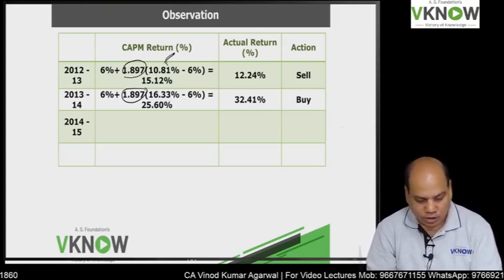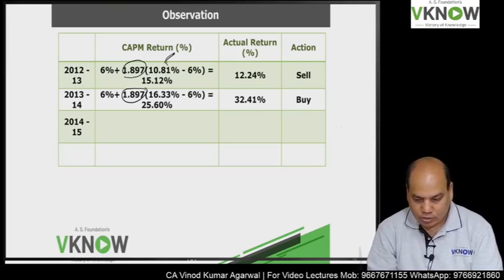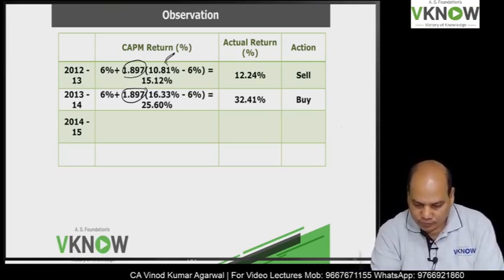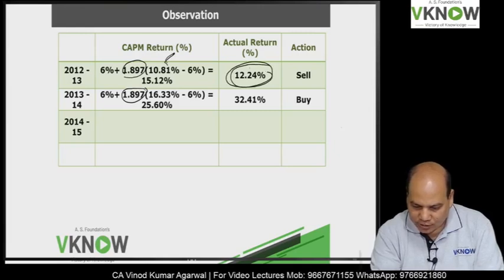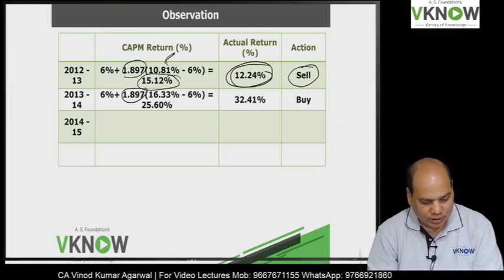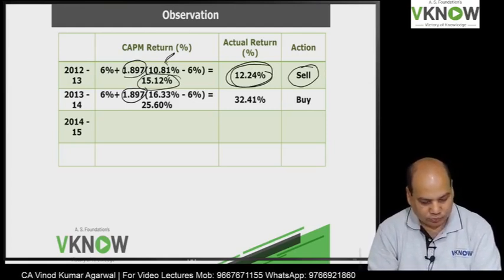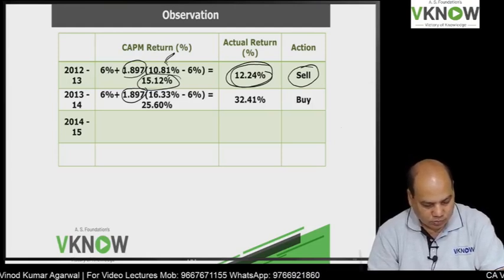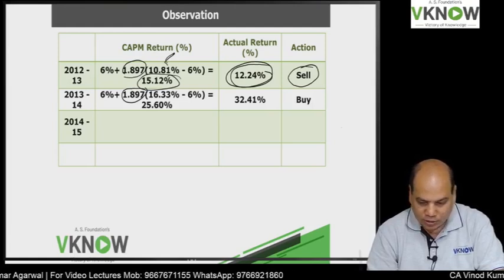Then actual return is how much? Actual return is 12.24. Actual return is less than CAPM return. So it is overvalued. The action would be sell.